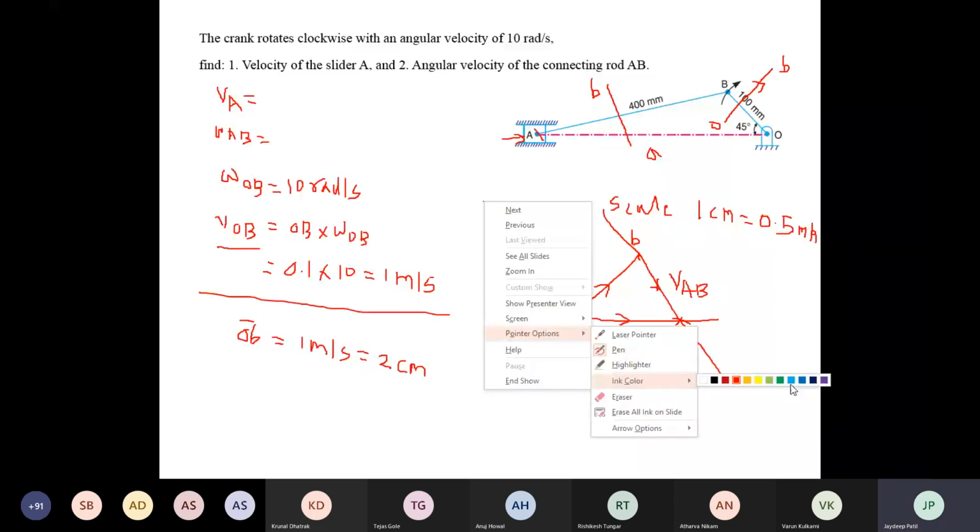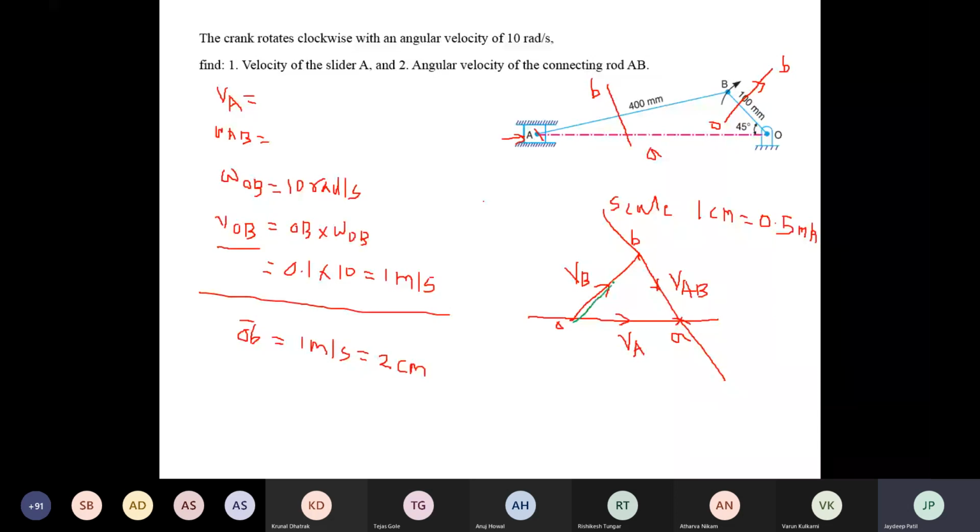The first vector is OB, which is perpendicular to the link OB. The next vector is BA, which is perpendicular to the link BA. The next vector is OA, which is parallel to the motion of the slider. In this way, you will get the vector diagram.